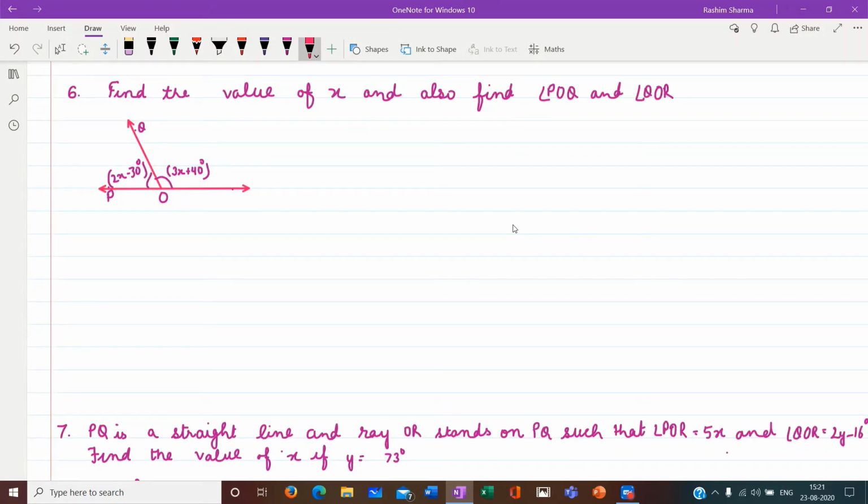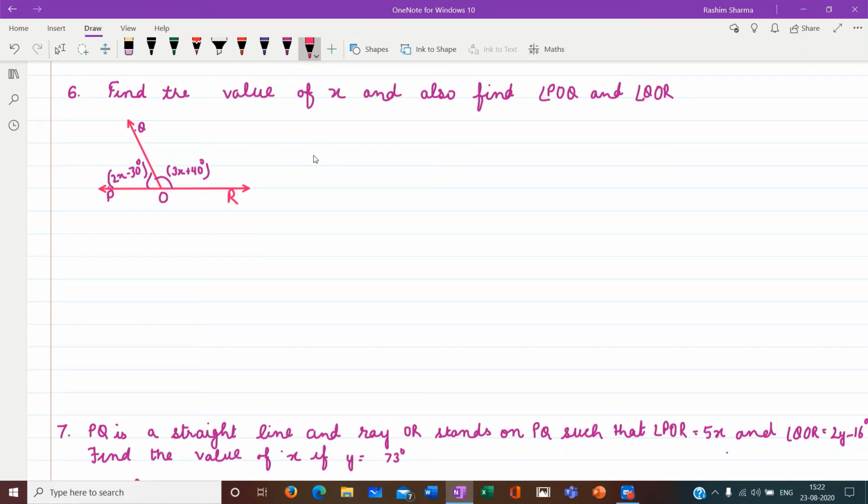Question number 6 is find the value of x and also find angle POQ and angle QOR. Now here we can see we are given a line PR on which we have vertex O, where we are given two angles. At vertex O this is a linear pair.